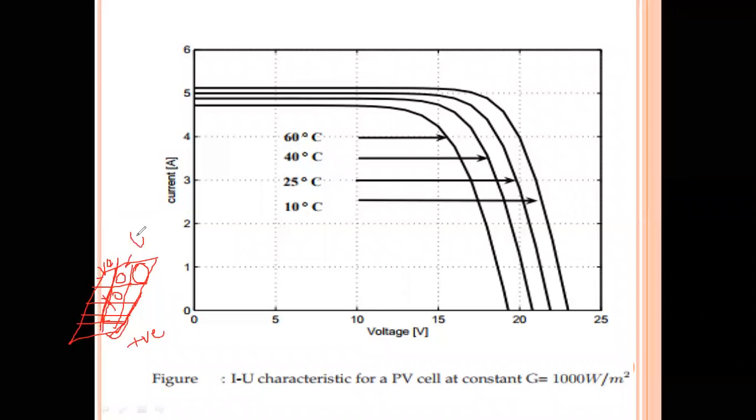And each cell's voltage is 0.5 to 0.6 volt, and the current is in terms of milliamperes.